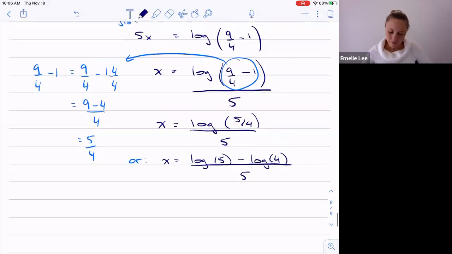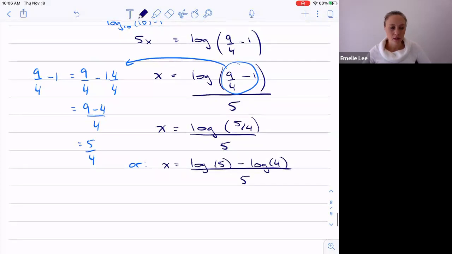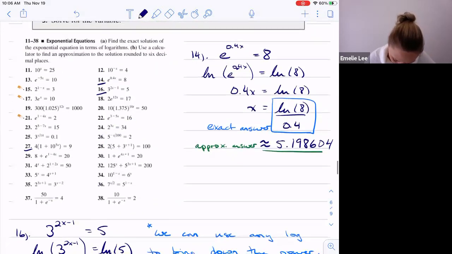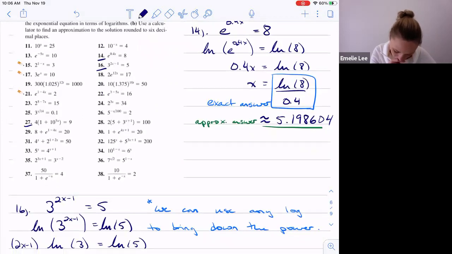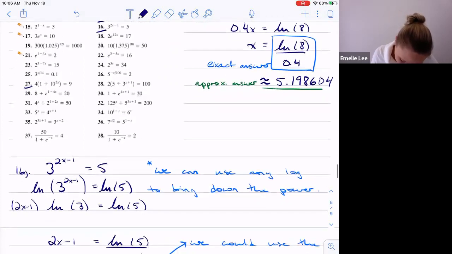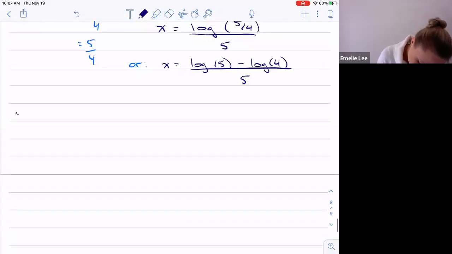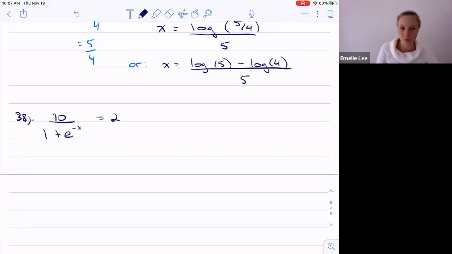Okay. So let's do 38. 10 divided by 1 plus e to the negative x equals 2.